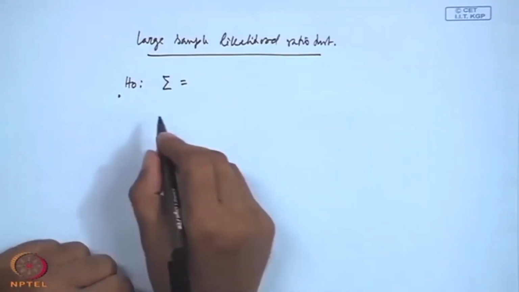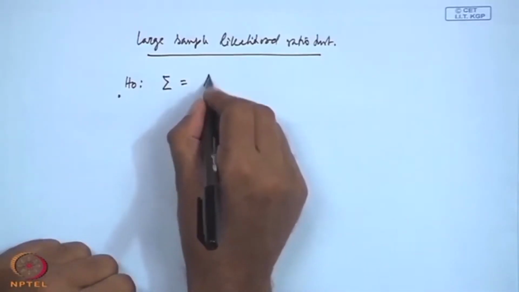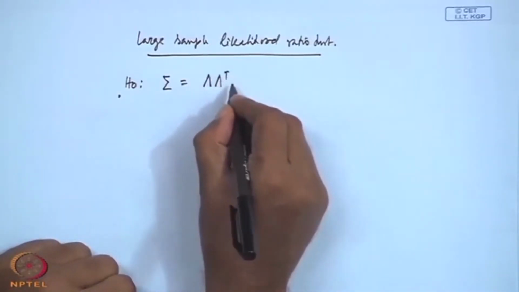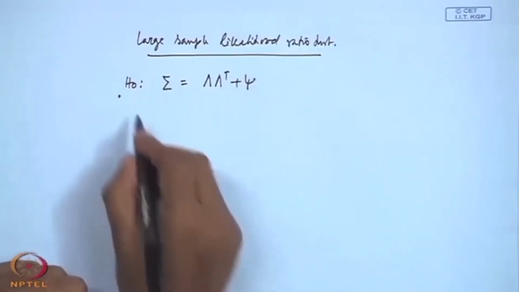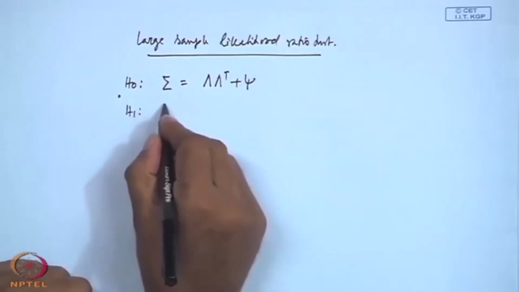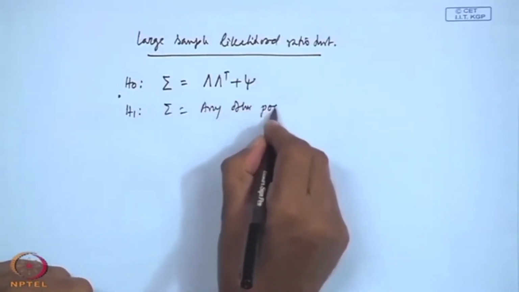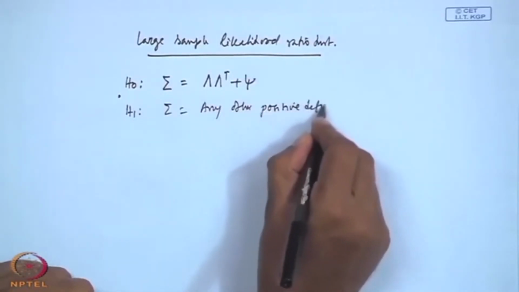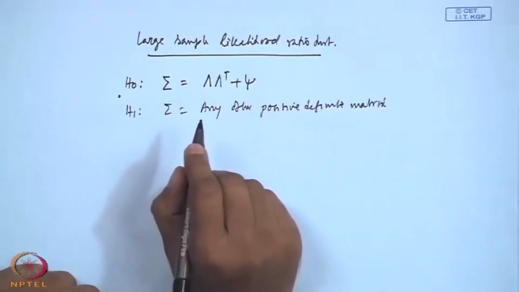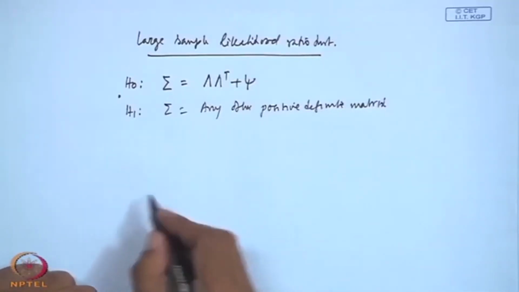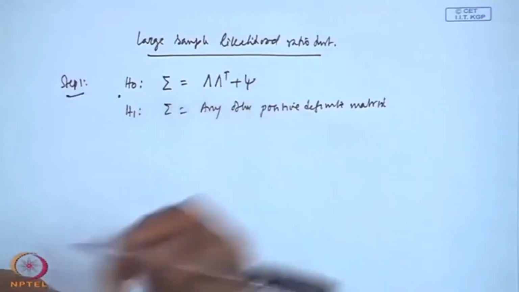I mean, we are able to reproduce this population covariance matrix from the factor model. It is correct. And H1 is that sigma is any other positive definite matrix. So, this is my step 1, that means set the hypothesis.